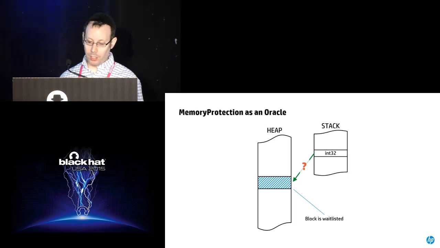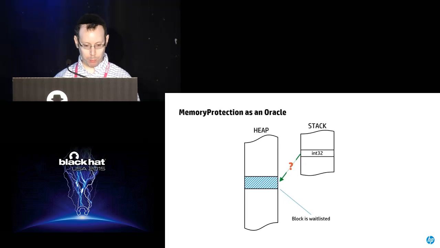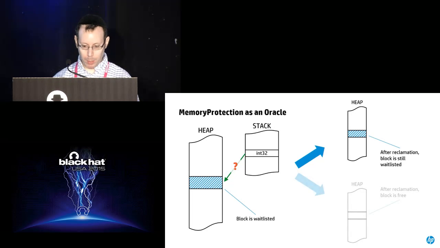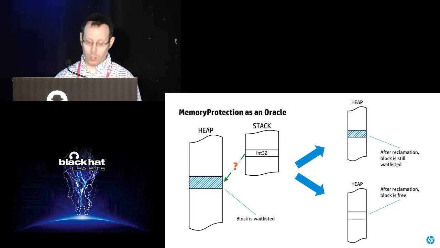Let's say we plant an integer value on the stack and then trigger memory protection's reclamation routine. If the integer we planted corresponds to an address anywhere within the block, then memory protection will respond in one way by keeping the block on the waitlist. But if the integer we planted is not within the waitlisted block's address range, then memory protection will behave in a different way and deallocate the block.